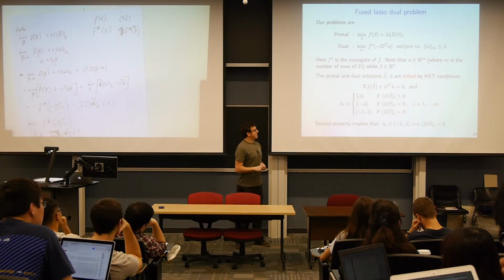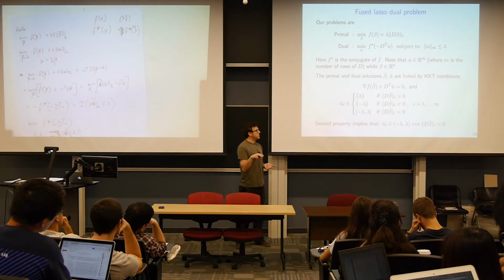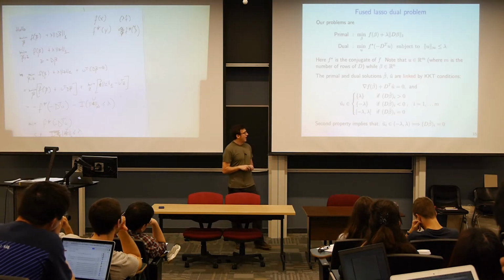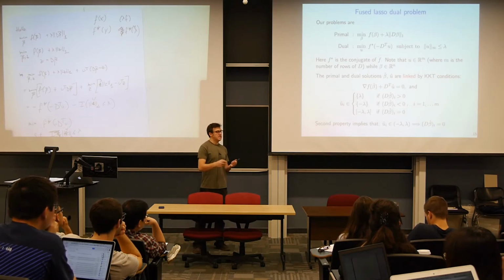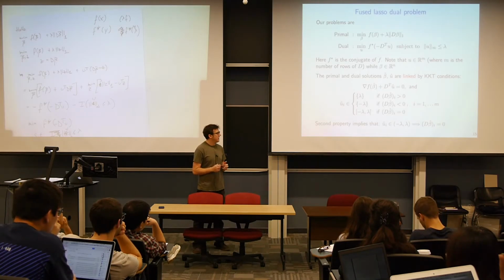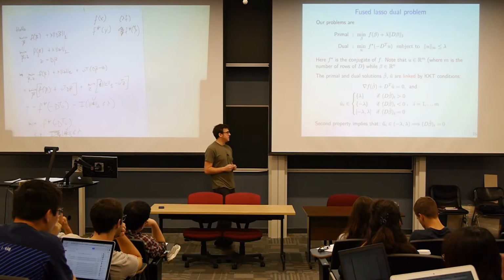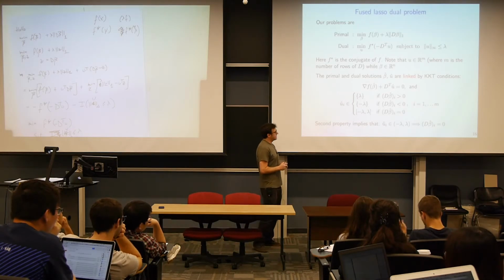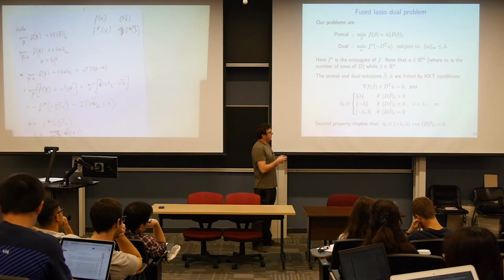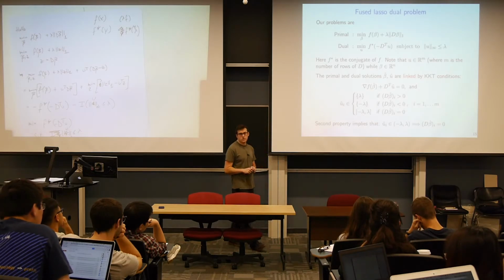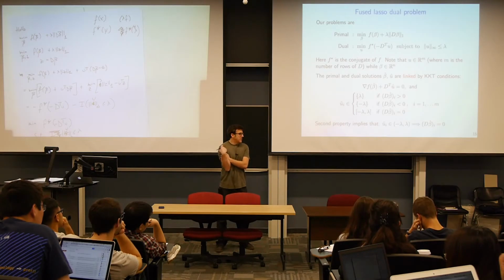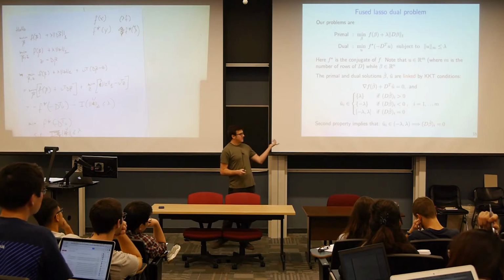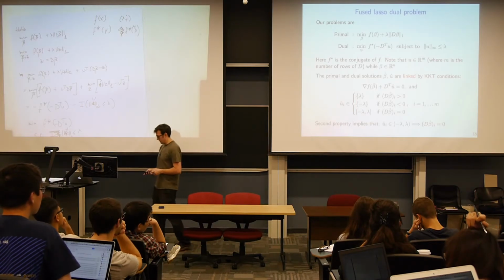That happens at the coordinates at which z is in the interior of the L1 norm, so when z is non-zero. And when z is 0, then u is in the interior of the constraint. So the sparsity pattern in u is opposite that of the primal variable z, and that's what the last line is saying.